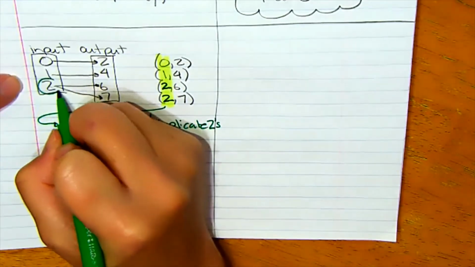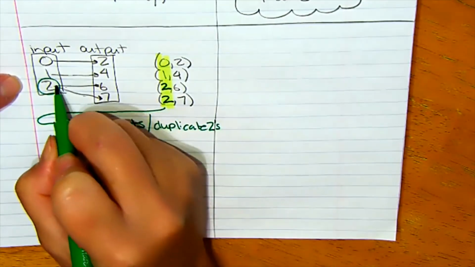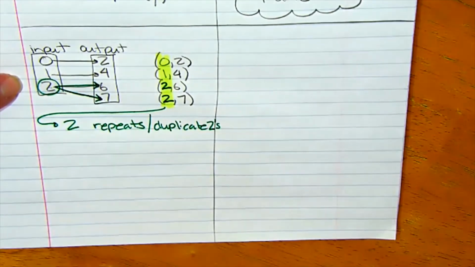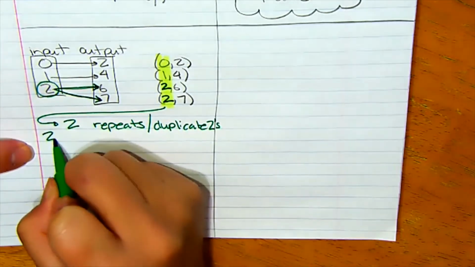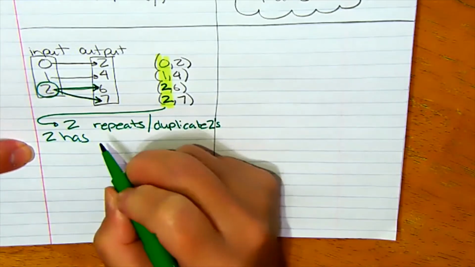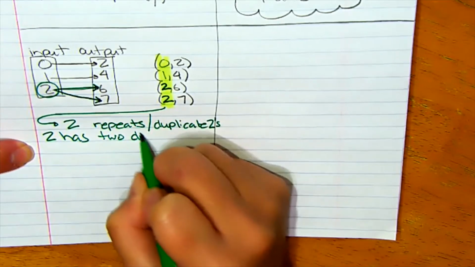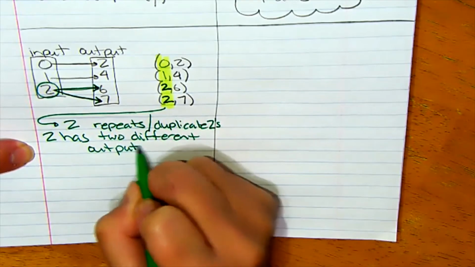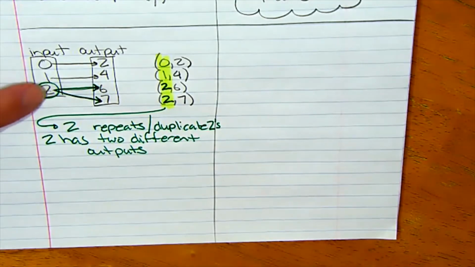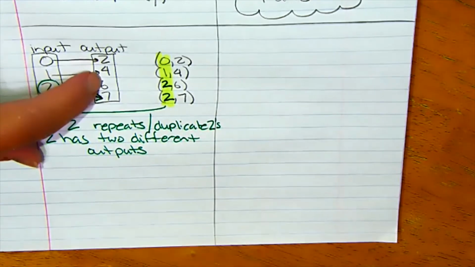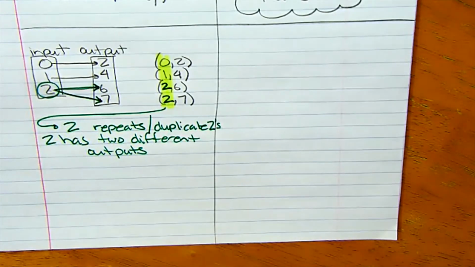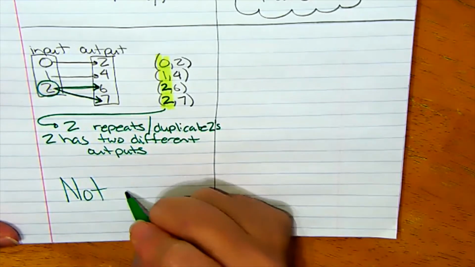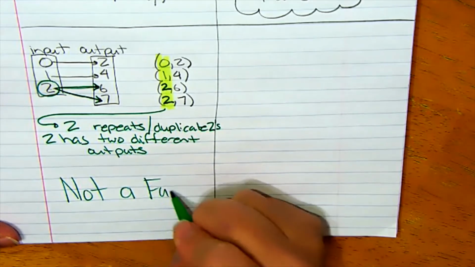We can also look at this right here. 2 as an input has 2 arrows coming off of it. So that means 2 has 2 different outputs. So if you input 2, you could get a 6, you could get a 7. We don't know what we're going to get. Therefore, this is not a function.